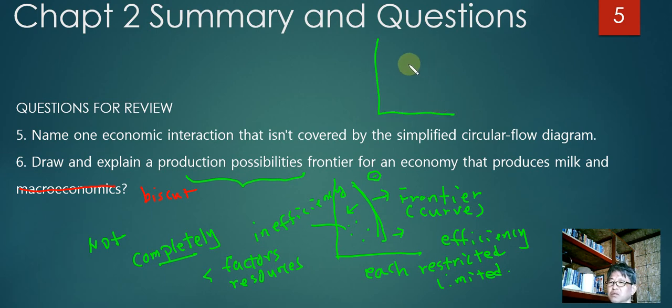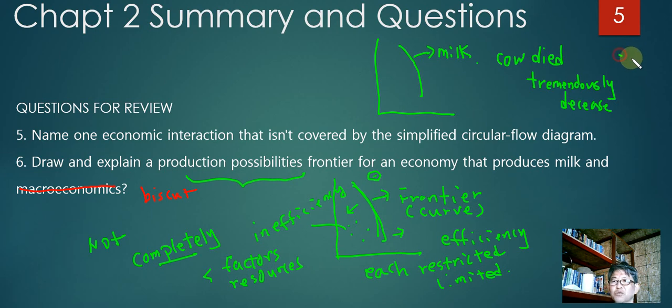Okay, then let's draw our possibility frontier. For example, this is the possibility frontier of milk, and if cows died tremendously by some disease, then naturally we will have reduced milk production.